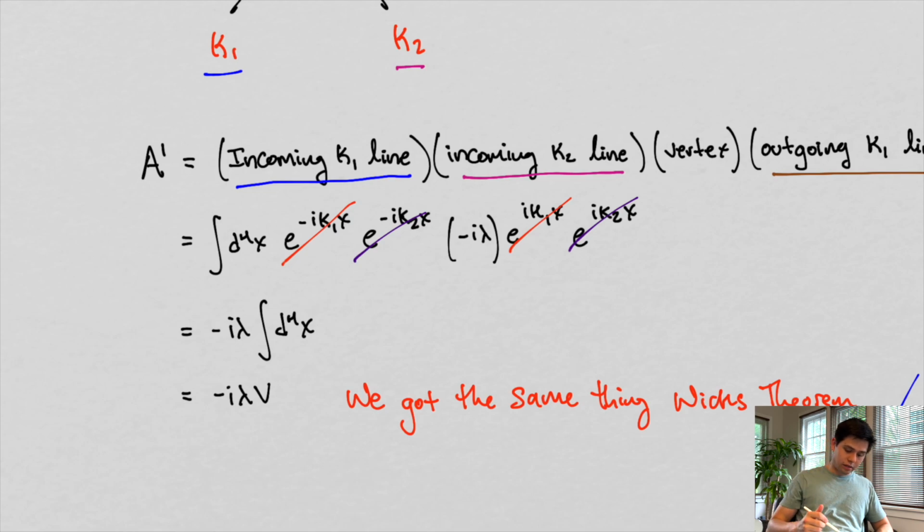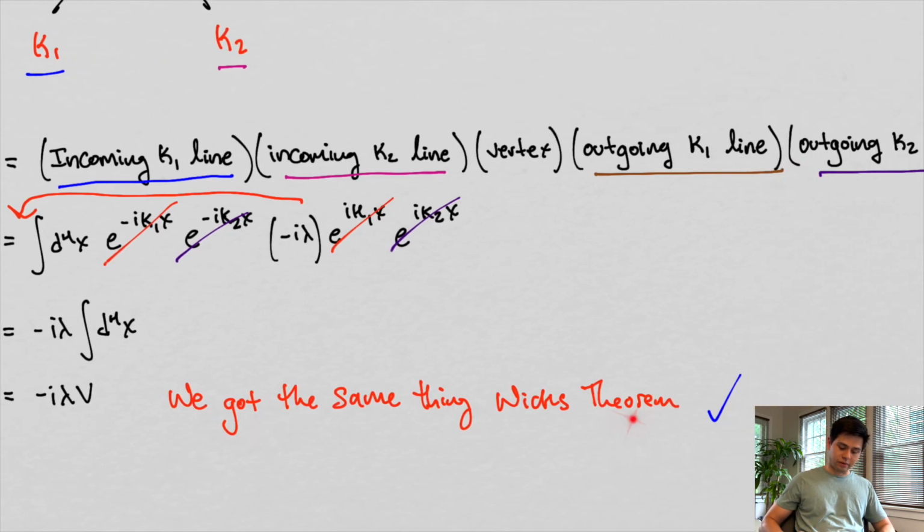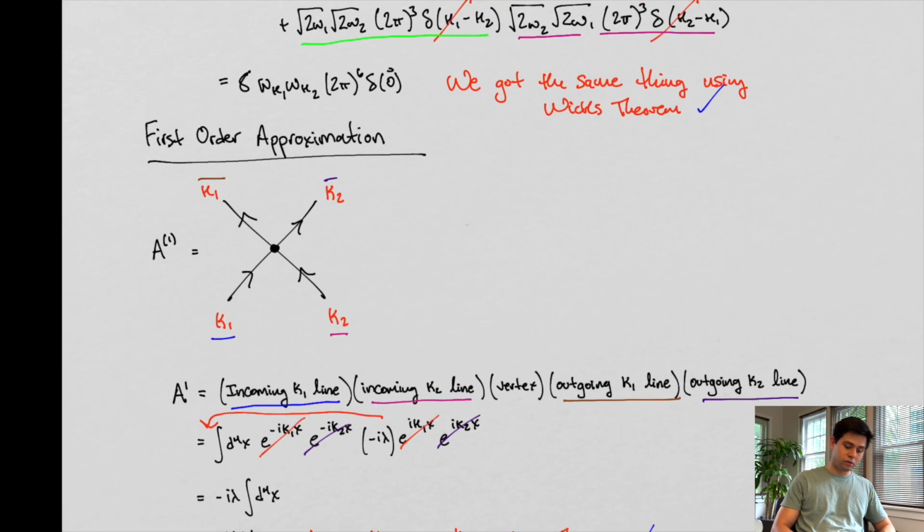And what we're left with is a constant i lambda, and that i lambda can get brought outside of the integral because that's just a constant. So what we're left with is this, and when we integrate over space-time, we get our space-time volume. This is the exact same thing that we get with Wick's theorem. So far, so good. It looks like Feynman diagrams are a very quick calculation for going through this kind of stuff.